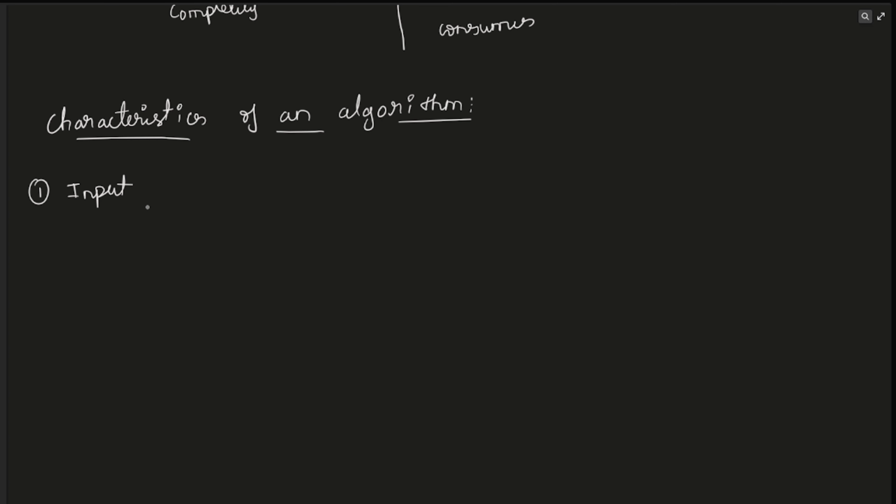Every algorithm should be capable of taking zero or more input data. And the second one is output. An algorithm must generate at least one output. If we are taking an input, then it must generate at least one output.